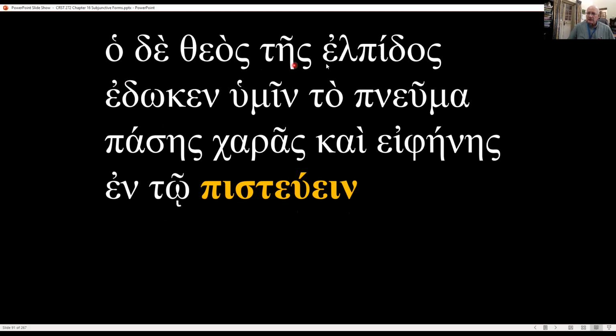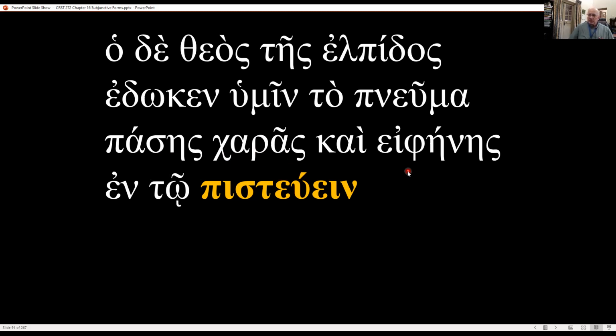The God of hope, ho de theos tes elpidos. Notice elpis is here in the genitive case, elpidos. The God of hope give to you the spirit of all joy, charas, all again in the genitive, pases, but here in the feminine genitive because it's modifying charas in the genitive case.